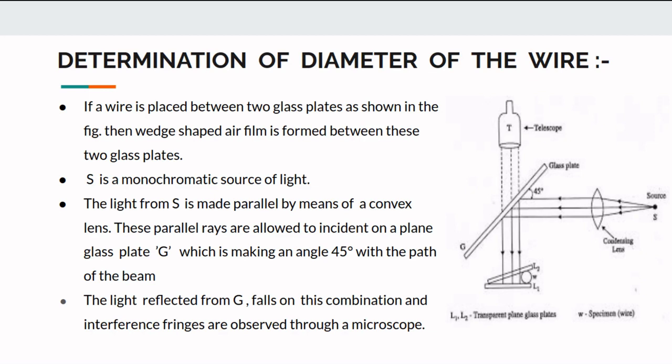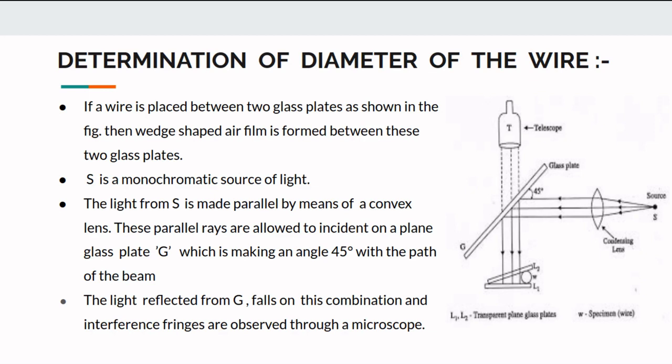Generally, this method is used for wires of very small diameter, in the order of angstroms. For this purpose, generally a thin wire like copper wire in electrical wire, or a thick hair is used. Using this experiment, the diameters of very thin wires are calculated very accurately.